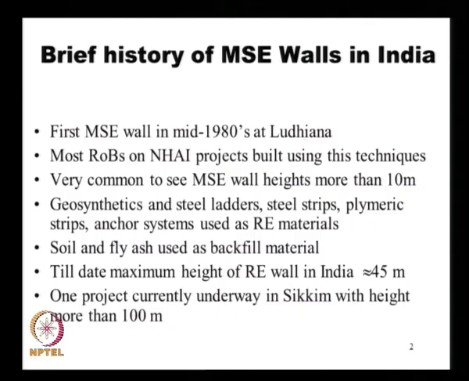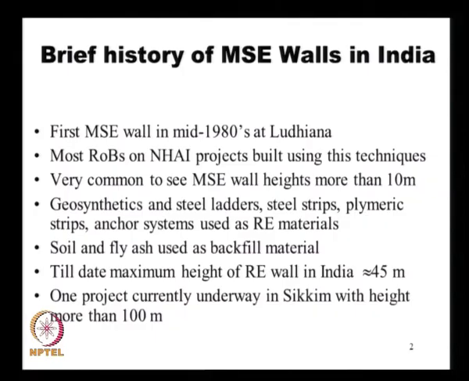That was basically an experimental type of case study that was proposed by Central Road Research Institute, and that particular wall was about 9 meters, and they used fly ash as a backfill, and they found that the cost economy is about 40 to 50%, because they were able to avoid the import of materials and so on.